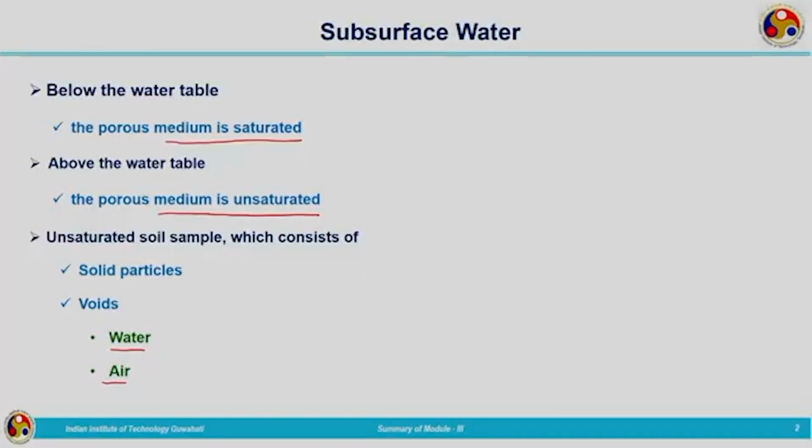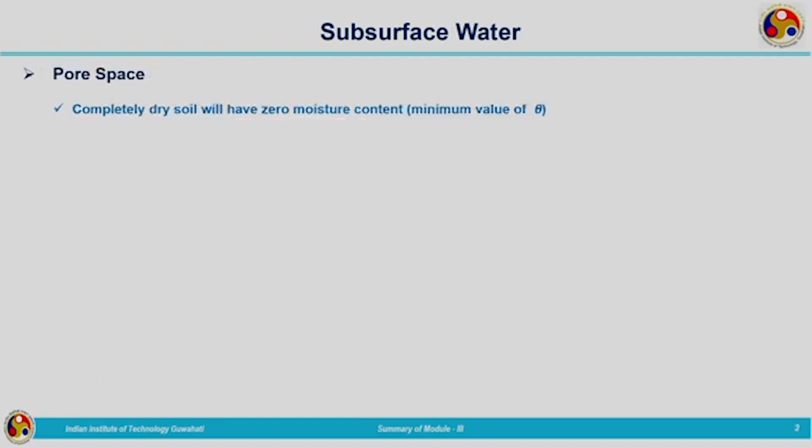After understanding this, we need a proper understanding of the pore space present in the soil. In the case of completely dry soil, we have zero moisture content, or in relatively dry soil there will be some amount of moisture content depending on the initial condition. So, there will be a minimum value of theta.